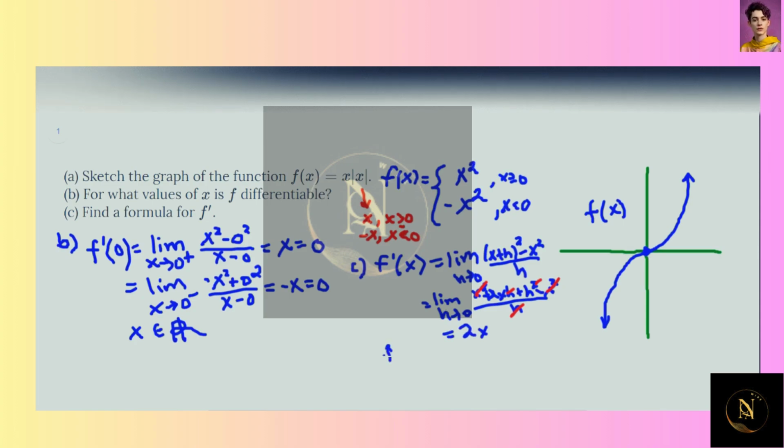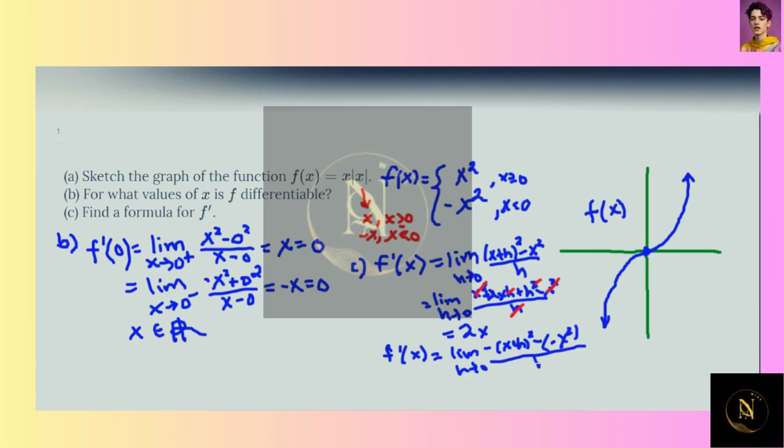If we repeat the procedure for the other function, we have the limit as h approaches 0 of negative x squared, where we're evaluating negative x squared at x plus h, minus negative x squared.